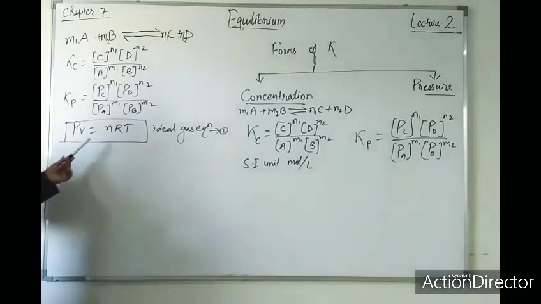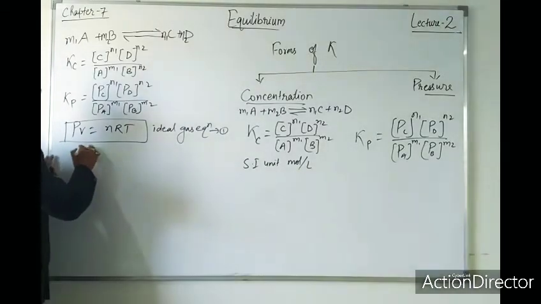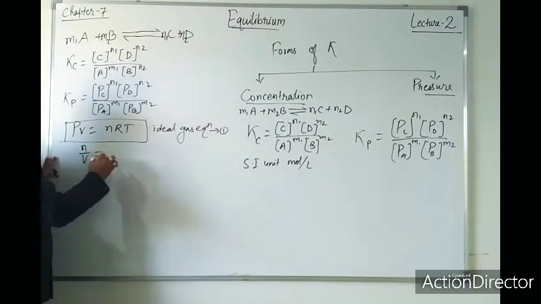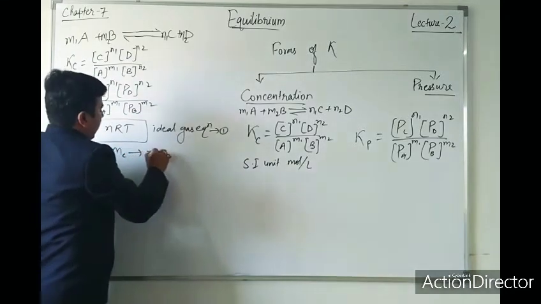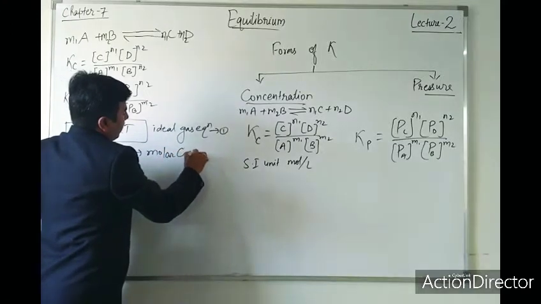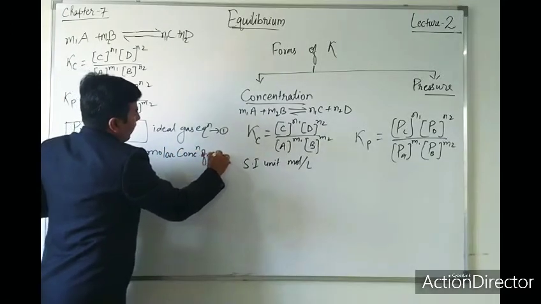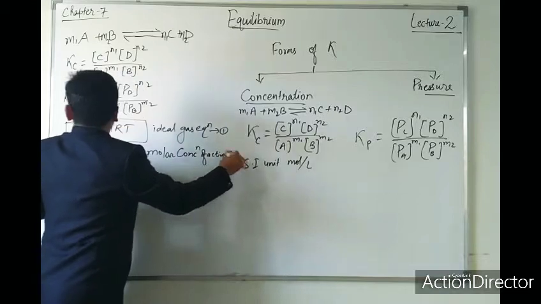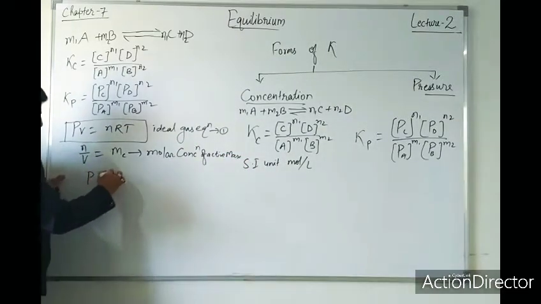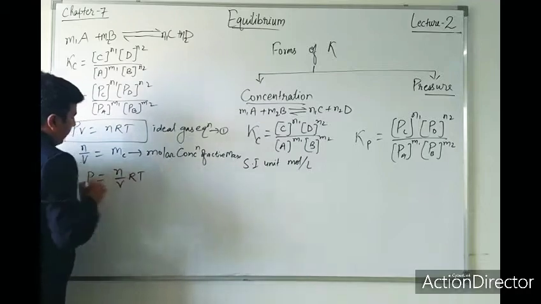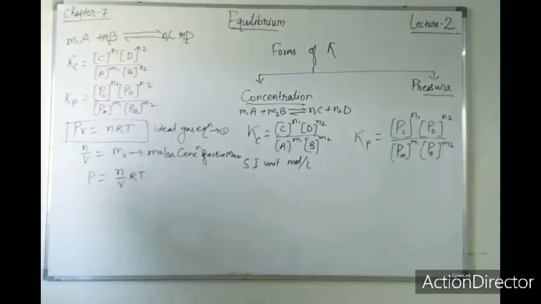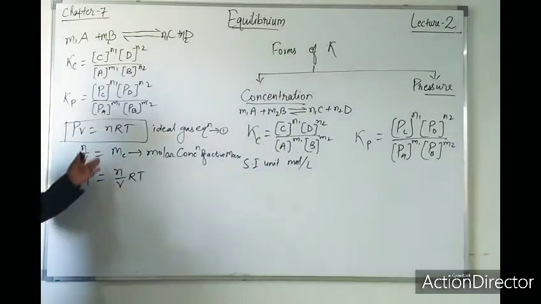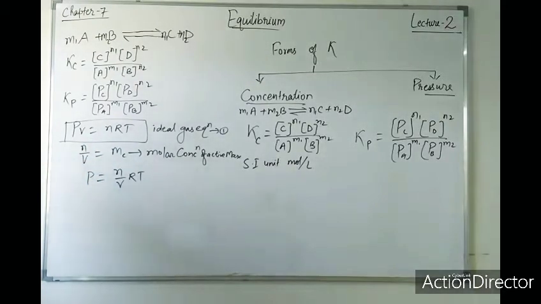The molar concentration of active mass is n by V. Now here P is equal to n by V times RT, right? Can we write this or not? Yes or no? Definitely we can write it. And n by V is nothing else, it is the molar concentration of active mass.